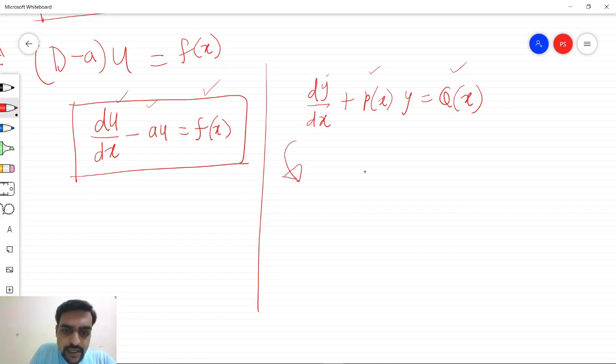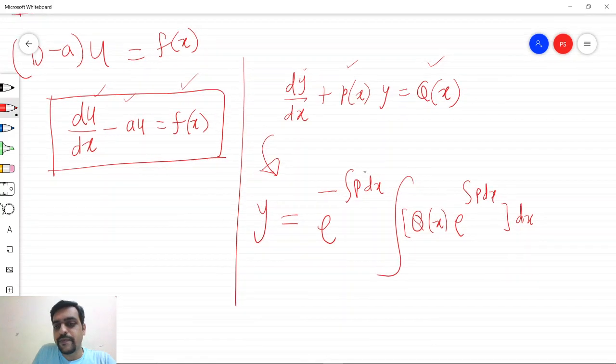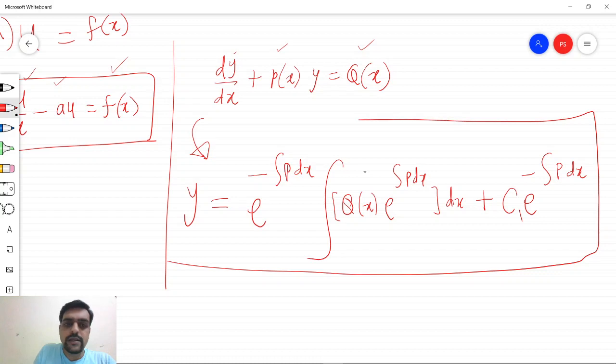So in this case, the solution is this: y is equal to e raised to minus integral p dx, integration of q of x e raised to integral p dx, plus c times e raised to minus integral p dx. Let us call this c a constant. This is the standard solution for this type of equations.